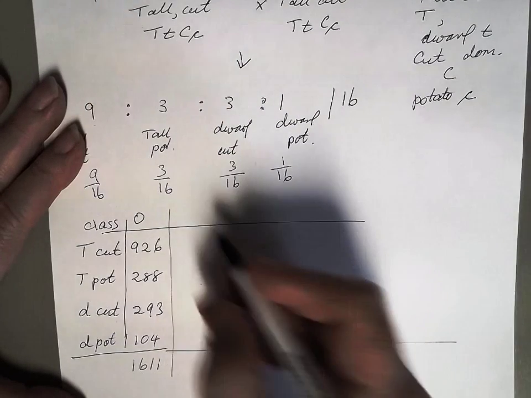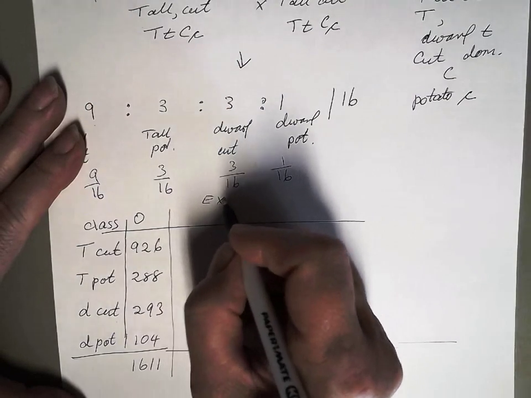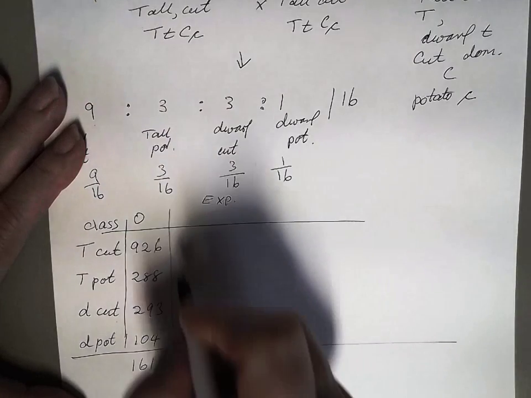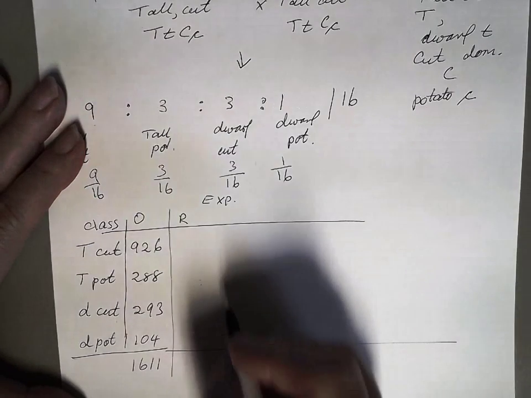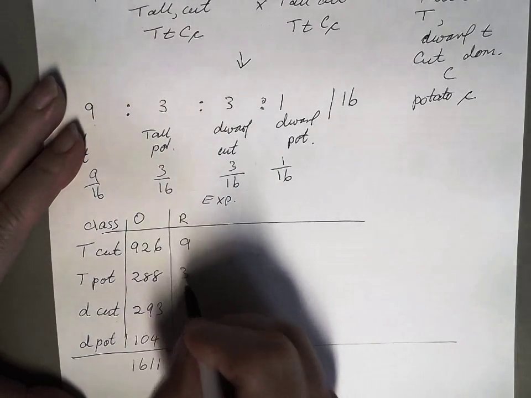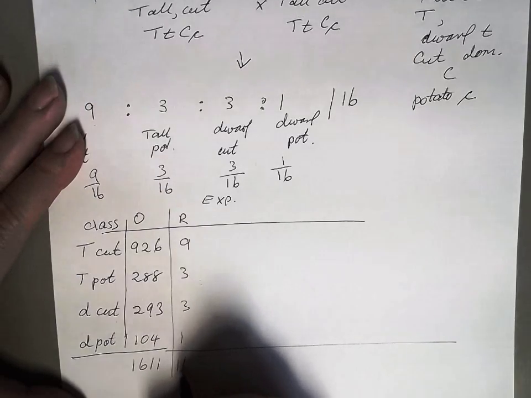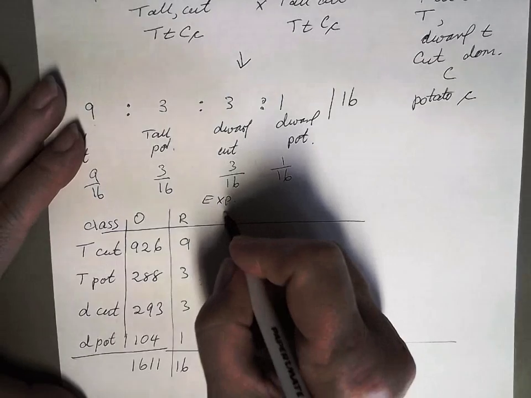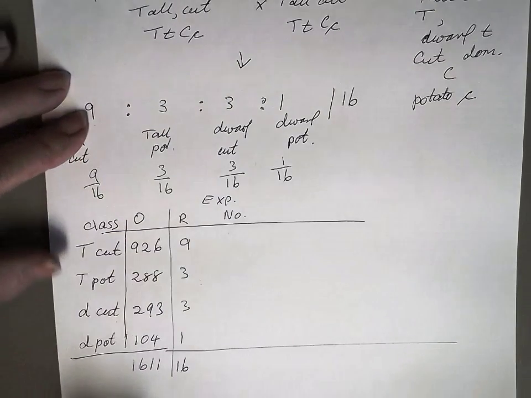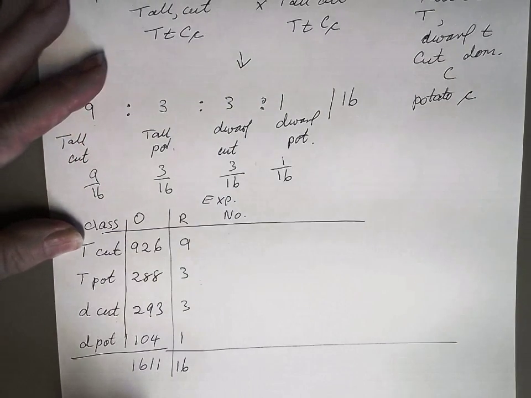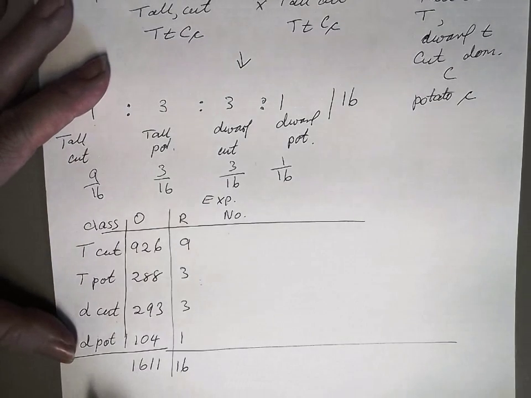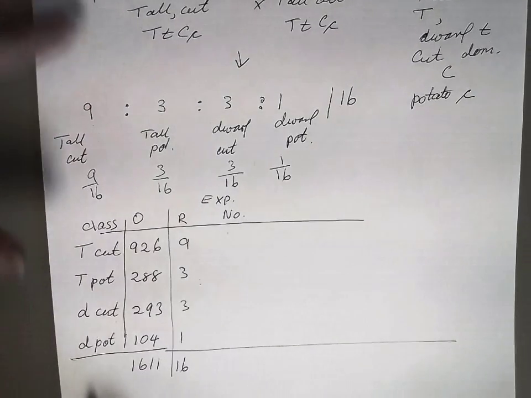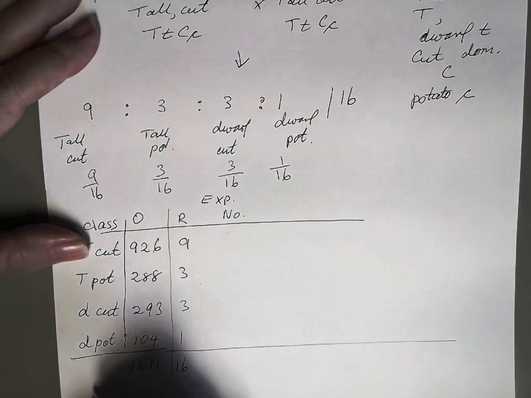In my third and fourth columns I'm going to put my expecteds. In the first one, I'm putting my ratios. I had 9, 3, 3, 1, and I know that adds up to 16. So how do I work out my expected number? I'm going to show you how to work out the expected number for the first class, and then I'm just going to write in the answers for the other three, but you can verify that yourself.